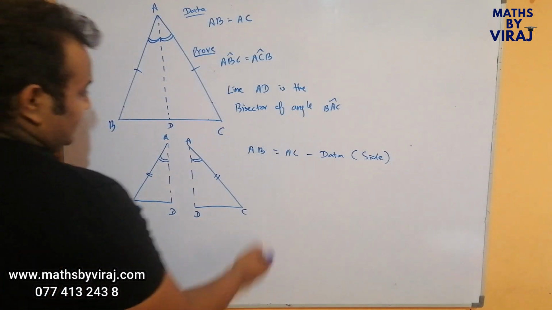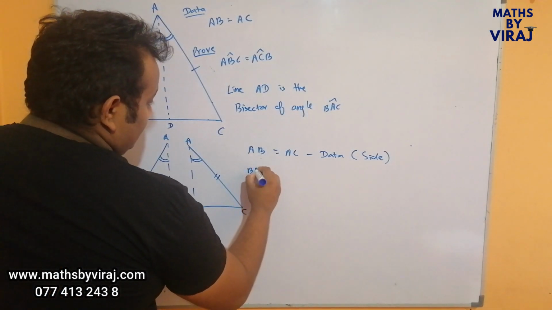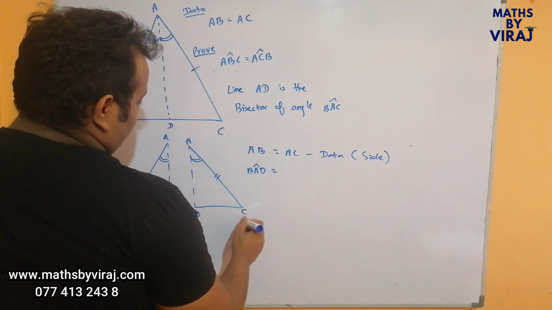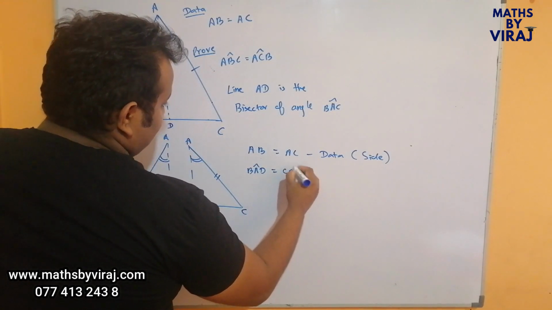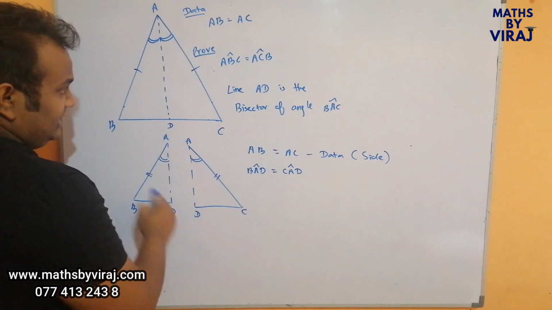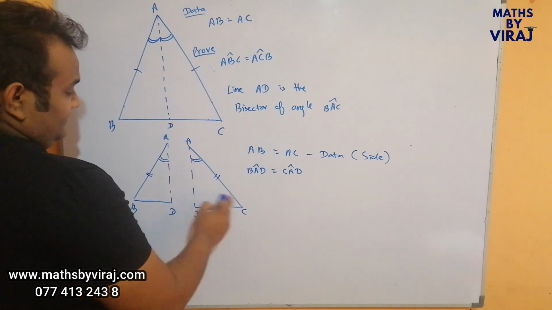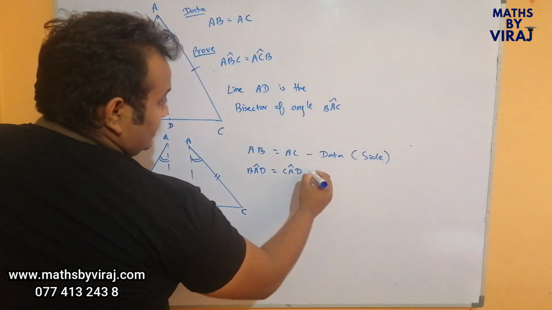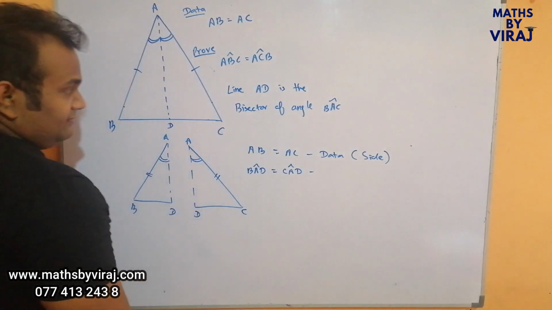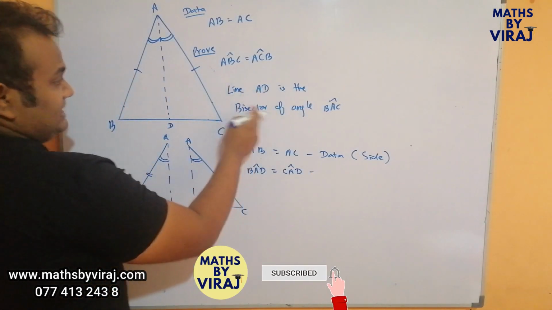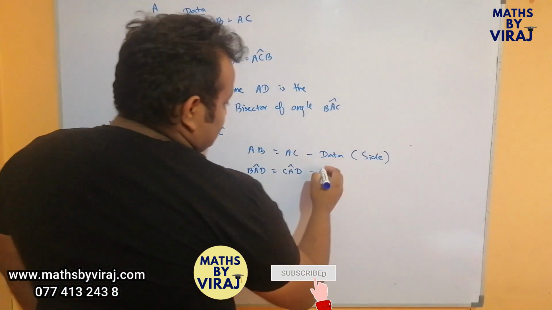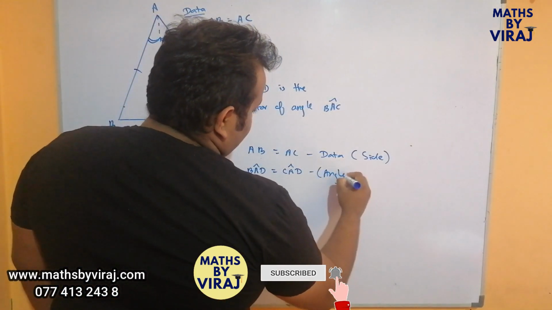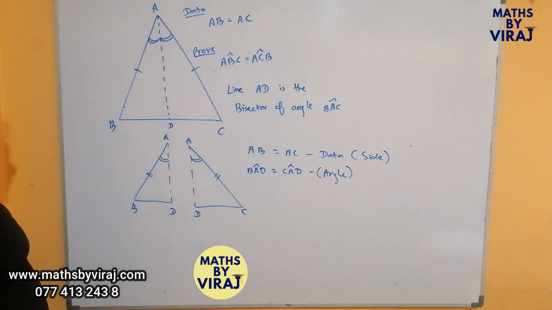Then we can say that angle BAD is equal to angle CAD. Angle BAD is equal to angle CAD. What is the reason? Because line AD bisects the angle BAC. Therefore, this is an angle. Right.